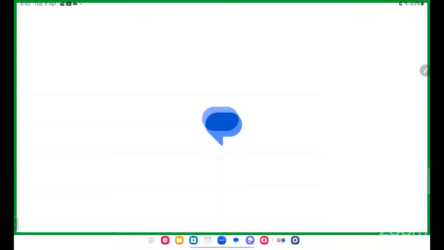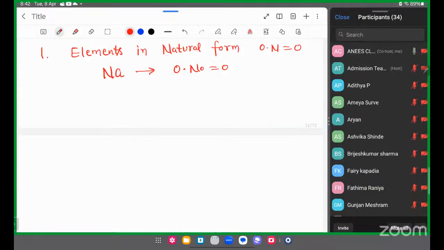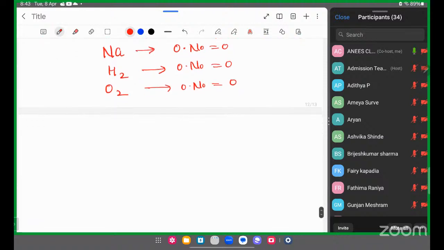Similarly, it is true for hydrogen. In hydrogen, oxidation number of hydrogen will be 0. In oxygen, oxidation number of oxygen will be 0. This is happening because they all exist in their natural form.